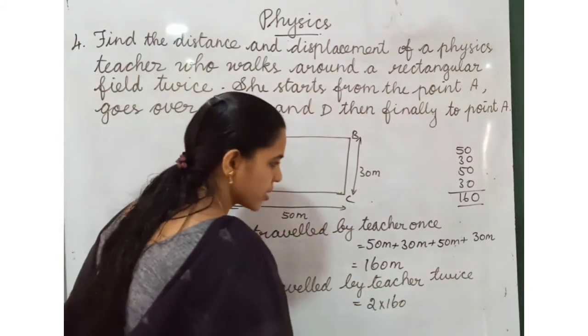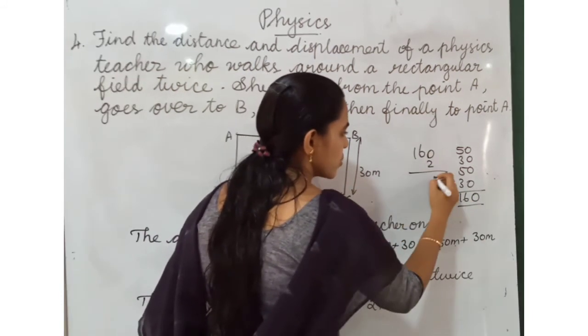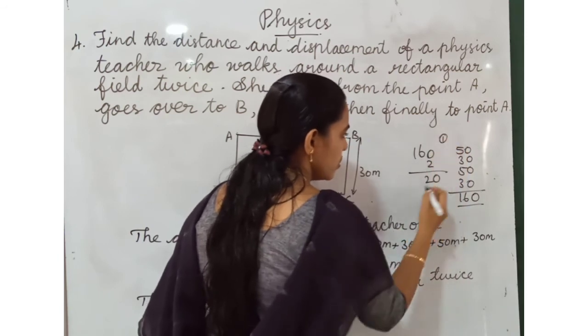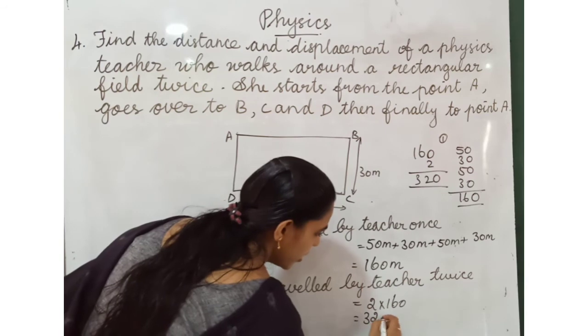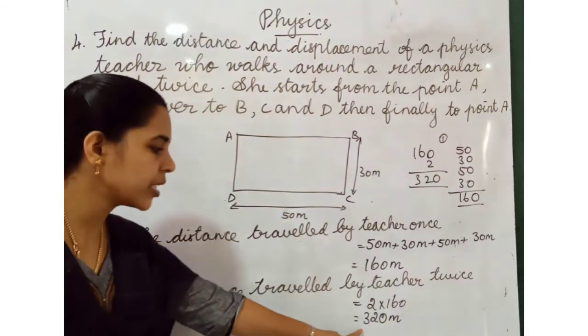So 2 into 160. We have to multiply this number. 160 into 2, 2 times 0 is 0, 2 times 6 is 12, 1 balance, 2 times 1 is 2 plus 1 is 3. So 320 meter. The distance is 320 meter.